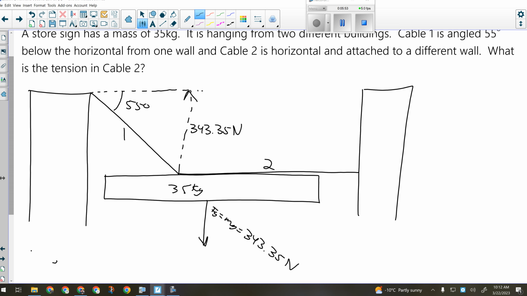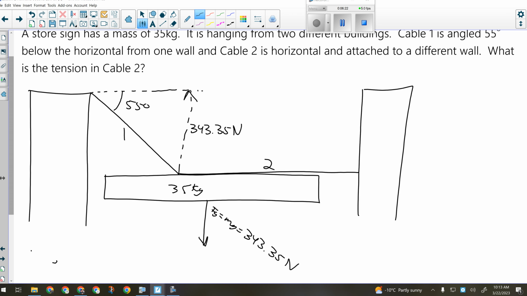Now, what else is cable 1 pulling against? Okay, the building, yep. Cable 2. Cable 1 has a horizontal component as well. Remember, the sign isn't moving. It's not moving vertically. It's not moving horizontally. So the horizontal net force is 0. The vertical net force is 0.